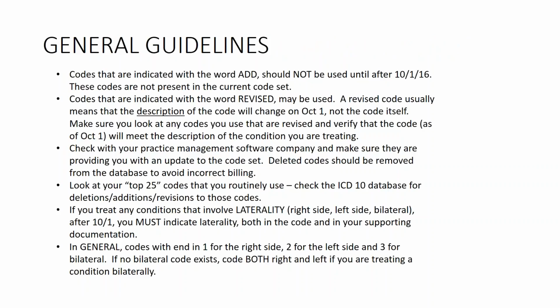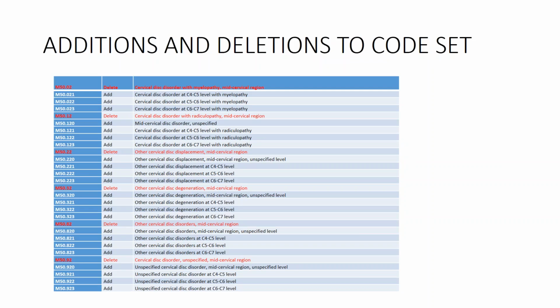Okay, so some general guidelines as far as this transition goes from the grace period to the falling from grace period or non-grace period, whatever you want to call it. Codes that are indicated in the new code set with the word add, so for example, going back to this code, M50.221, other cervical disc displacement at C4, C5 level.